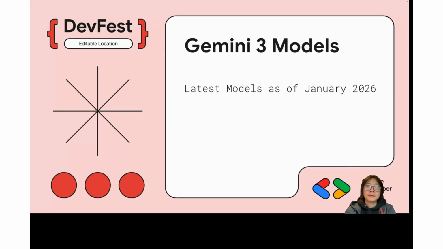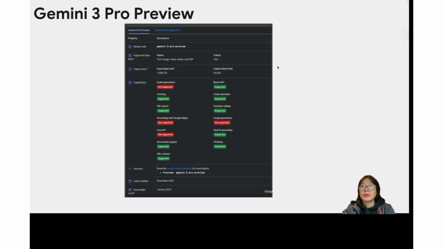So Gemini 3 is the latest model as of January 2026. This is the model card of Gemini 3 Pro Preview. So it has caching, file search, structured output, URL context, batch API, code execution, function calling, search grounding, and thinking.